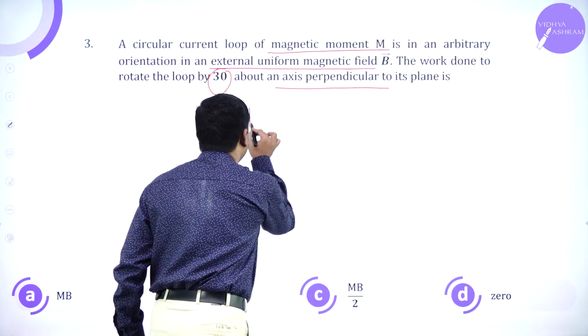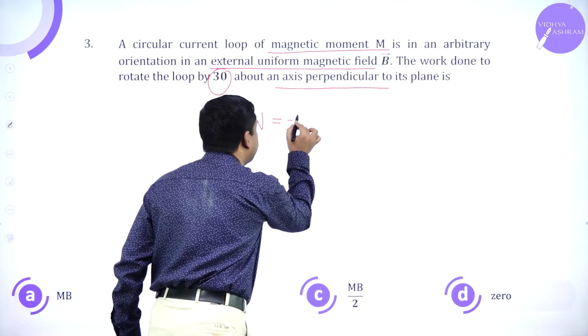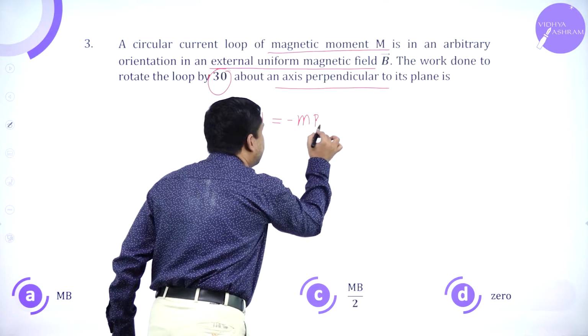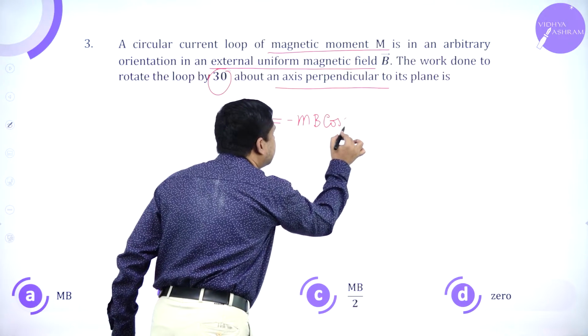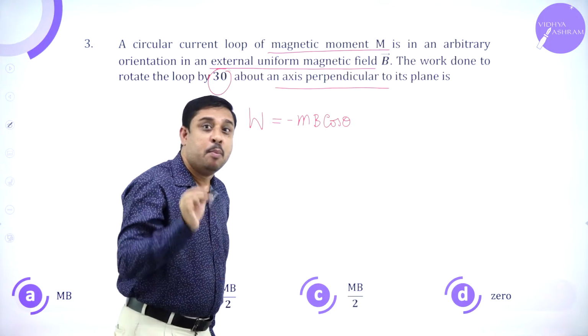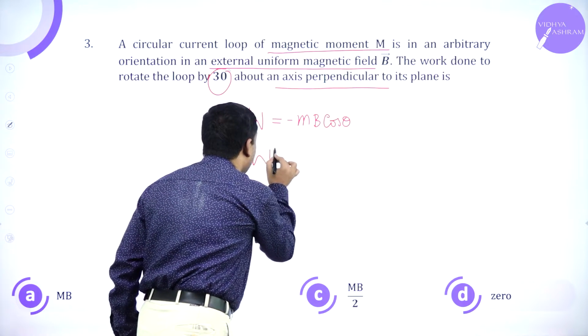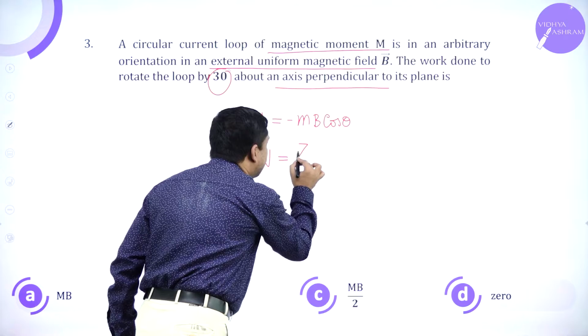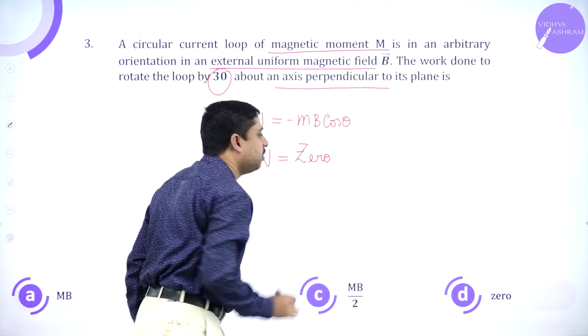We all know work done is minus MB cos theta. But in this case, work done reduces to 0.